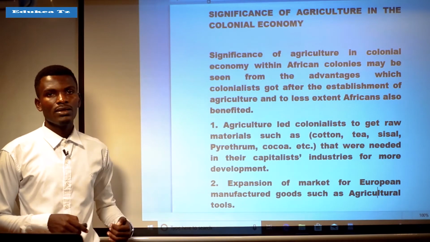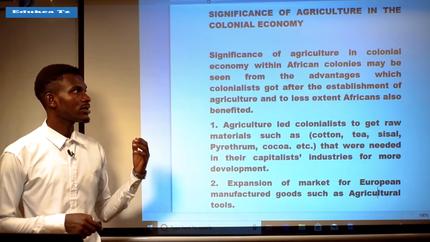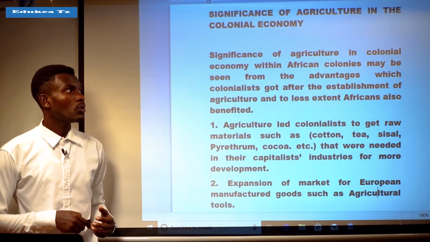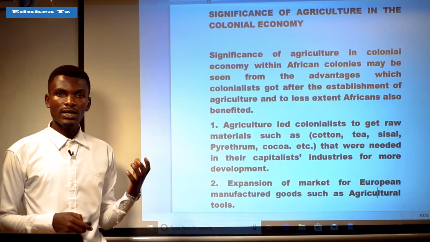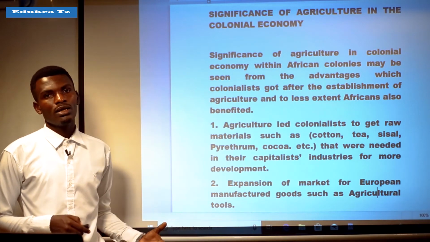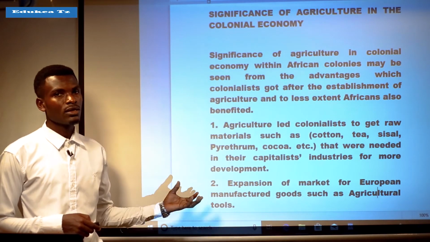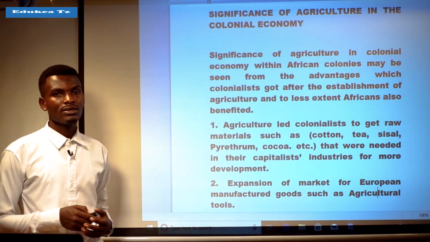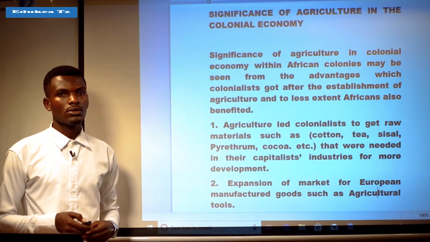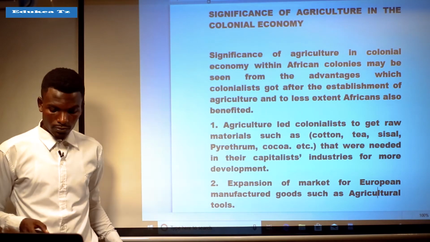It means that the significance of agriculture in the colonial economy within African colonies may be seen from the advantages received by the colonialists, and to a lesser extent Africans also benefited.